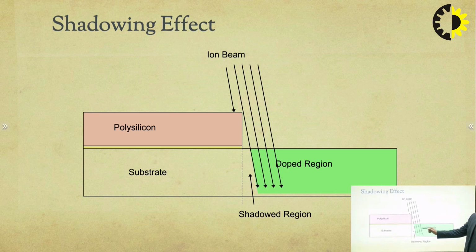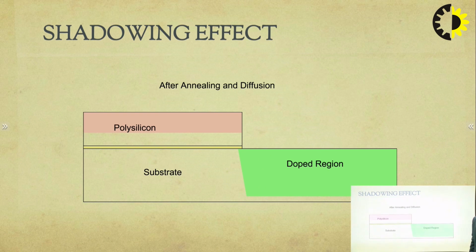Like in this case, we can see that the ion beam is entering the wafer at a certain angle. So what will happen is, this is our doped region.